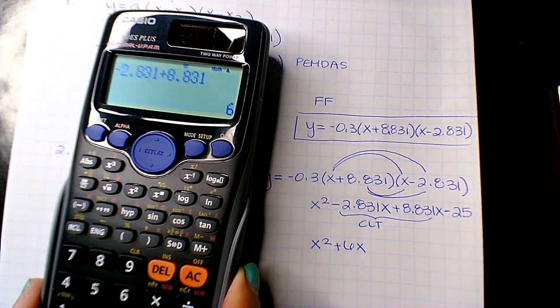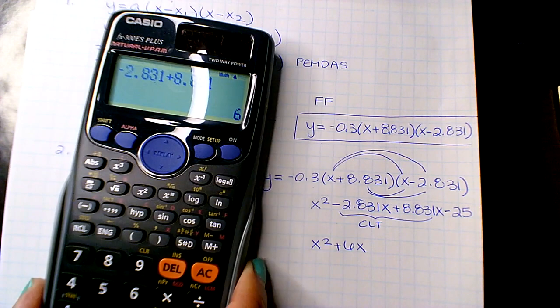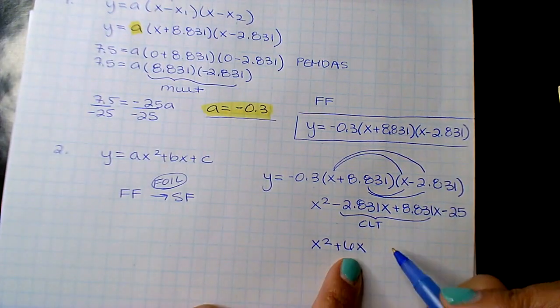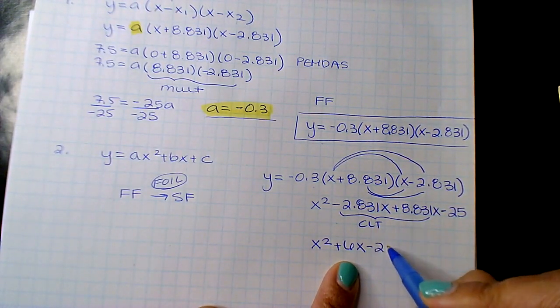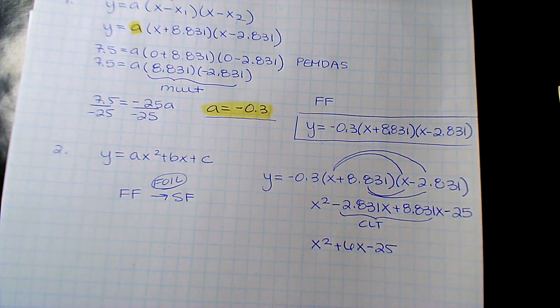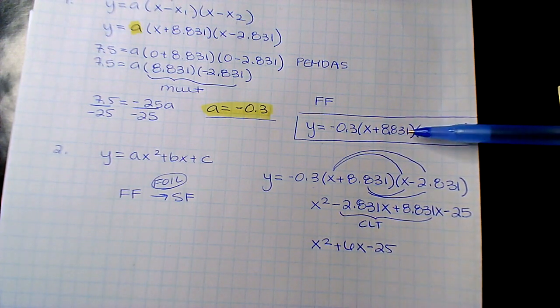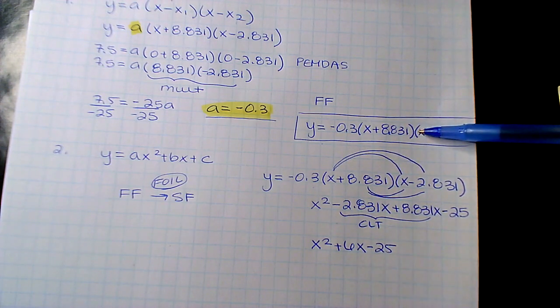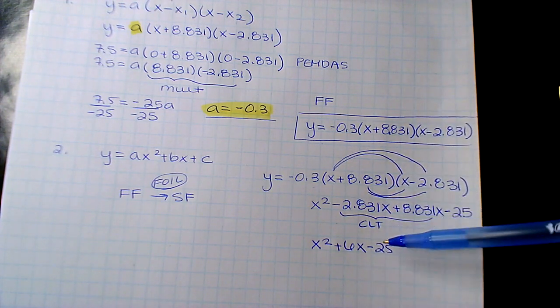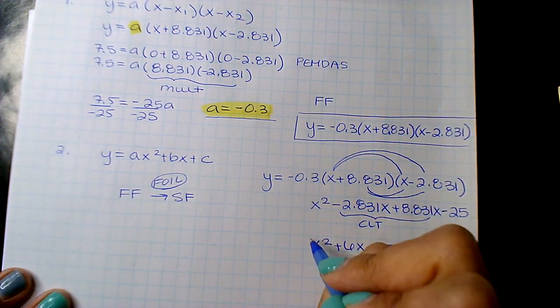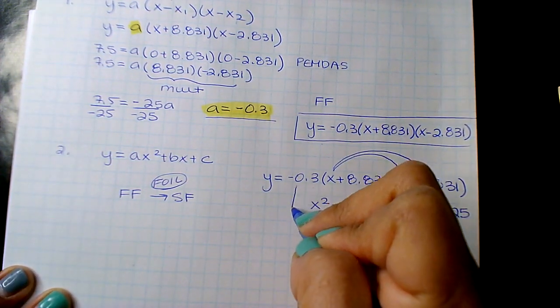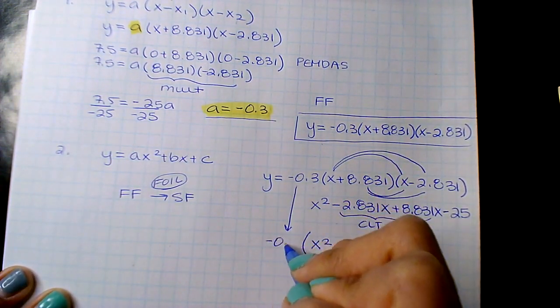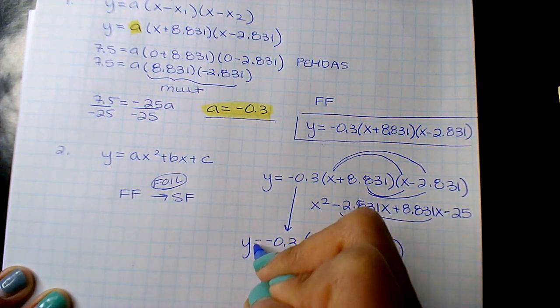You should get just positive 6, yes? Okay, so I get 6x minus 25. So what we did is we multiplied these two binomials. I FOILed it out, and now I have a trinomial. But remember, you cannot forget about the little 0.3 in the front.